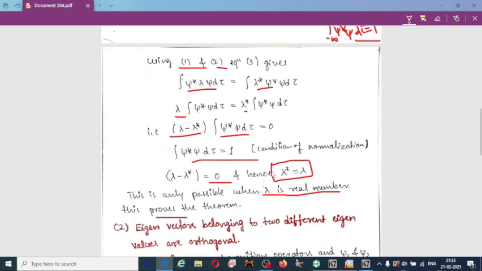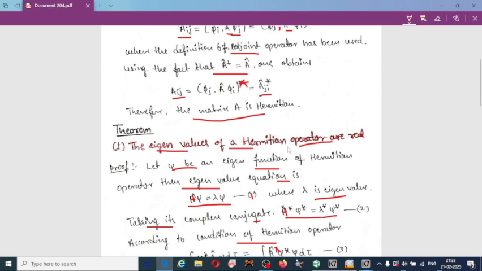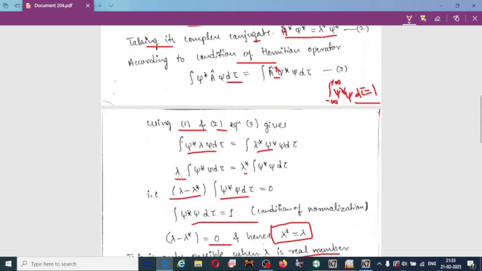So finally we have proved that eigenvalues are real, meaning the conjugate of lambda is equal to lambda. Lambda is what? Eigenvalue. If you take the conjugate of real numbers, they are real numbers only. That's why we can say that eigenvalues of a Hermitian operator are real.